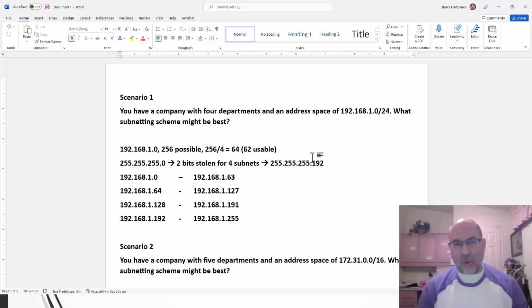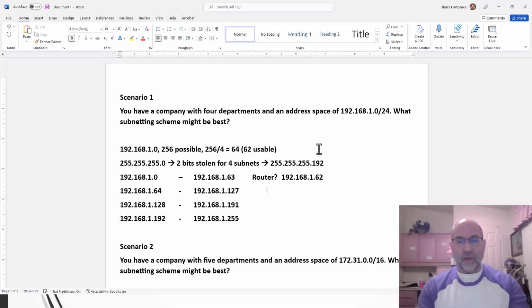There are a lot more questions that we might ask here. We might also say, what would be my router? Routers would be high in the range in a particular subnet or low in the range. I prefer high in the range, so I would pick a router that might be 192.168.1.62 here.